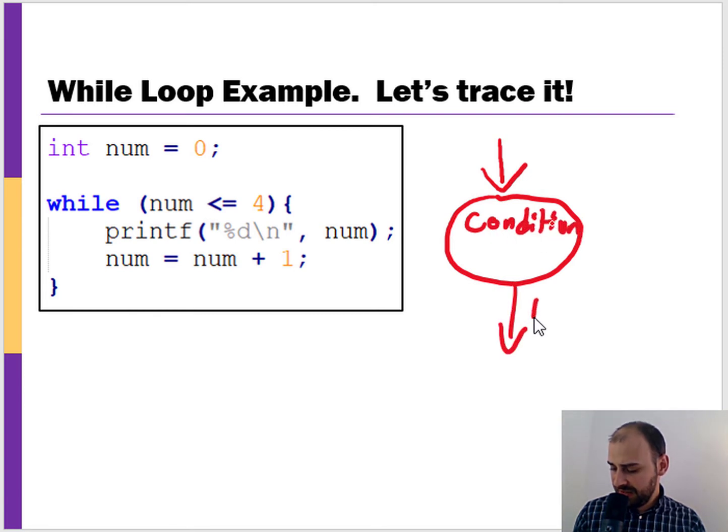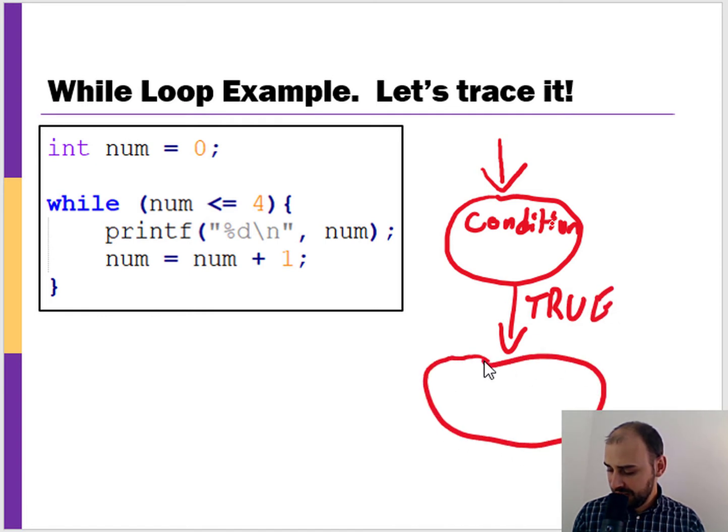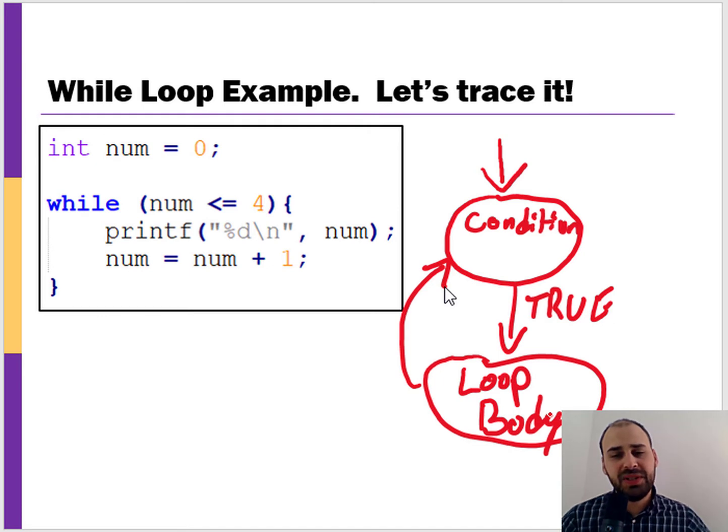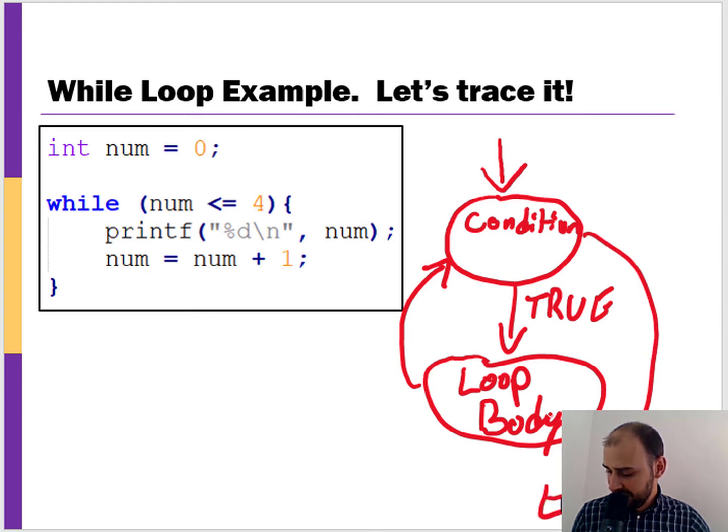If the condition is true, we're going to enter the loop body, and once the loop body executes, it will come back and check the condition again. And if the condition is false, we are going to exit the loop. So a little bit of a simpler design than before with the for loop. There's a couple steps that are not there.